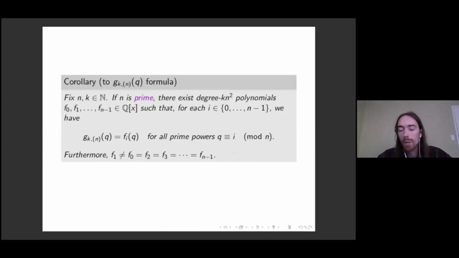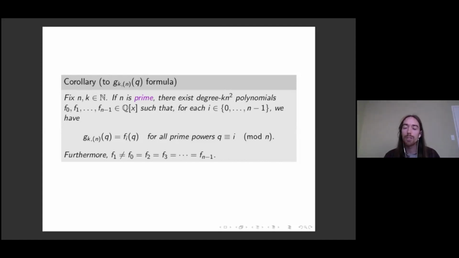But here's what I was able to come up with. That much messier looking function, g_kn of q, when n is prime, and like I was saying earlier, that's when we should expect it to simplify a lot because this has all these nested sums over divisors of n, so that just reduces how many divisors you have to deal with. It's a quasi-polynomial. So you can find polynomials f_0 through f_{n-1}.